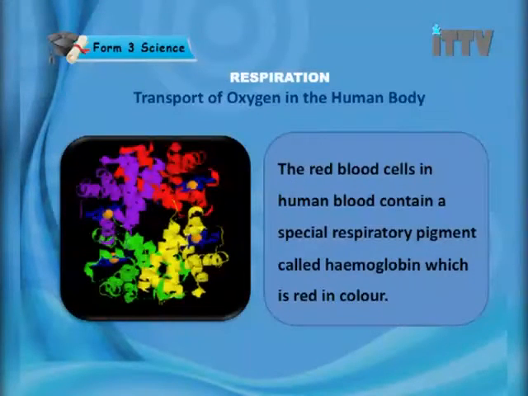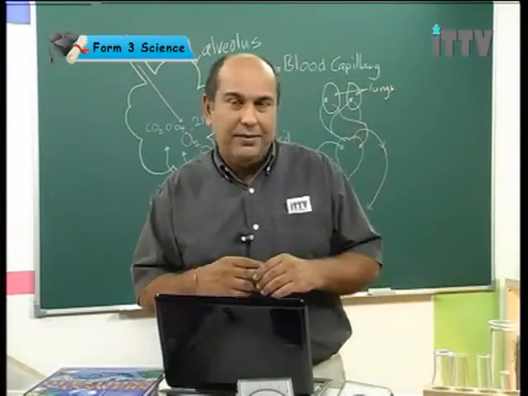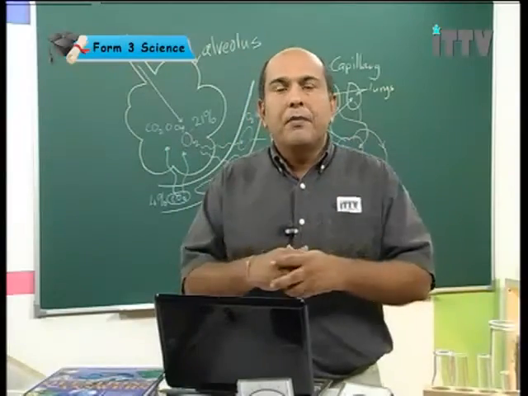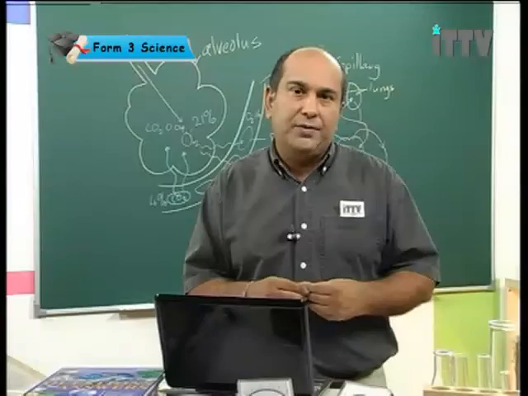The red blood cells in human blood contain a special respiratory pigment called hemoglobin, which is red in color. So our red blood cells have this thing called hemoglobin. It's a very complex protein that's attached to it. The function of hemoglobin is to carry the oxygen.